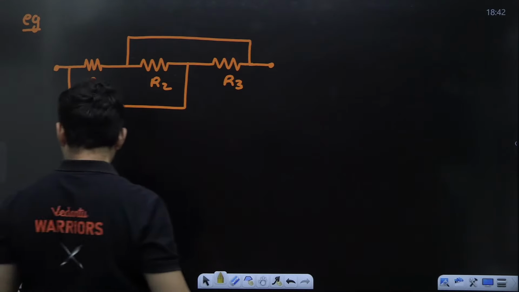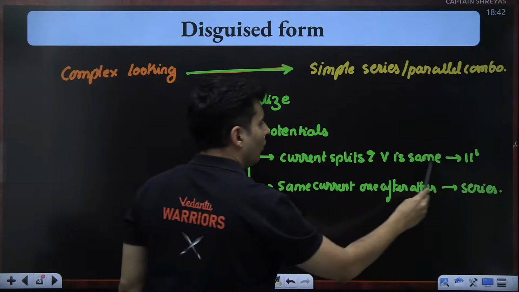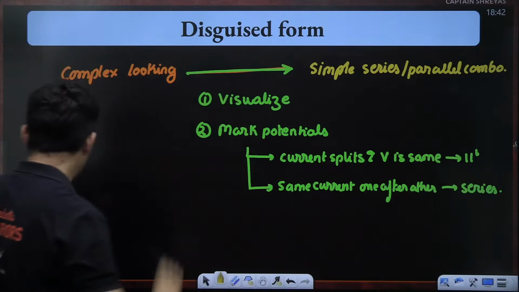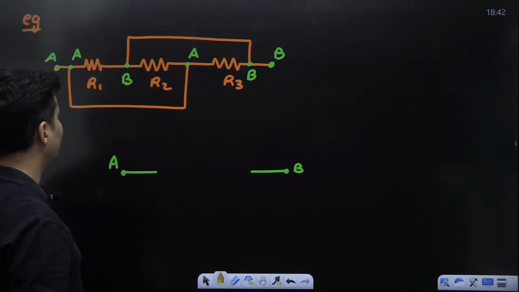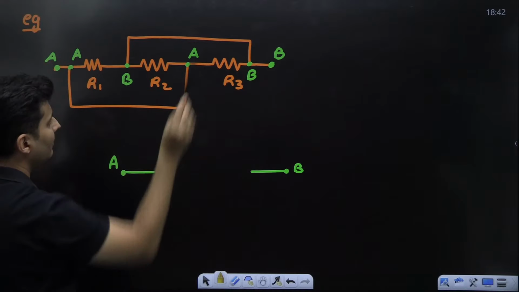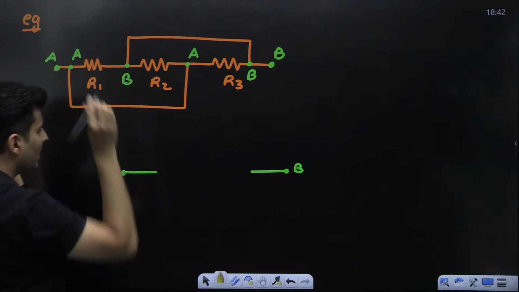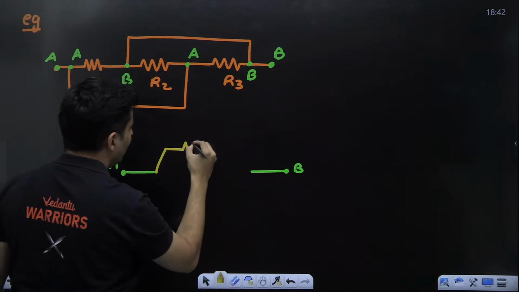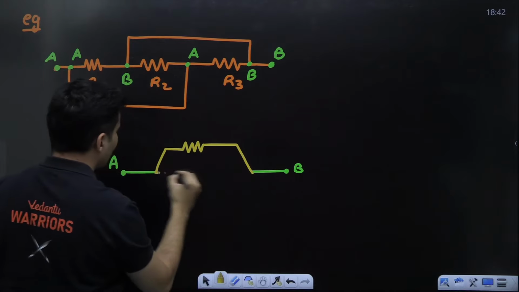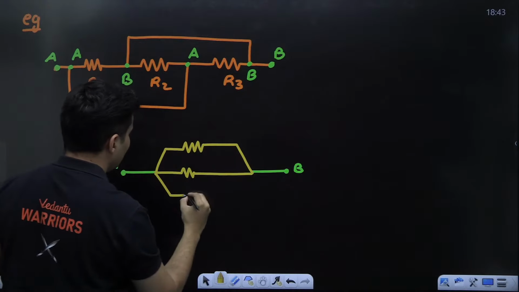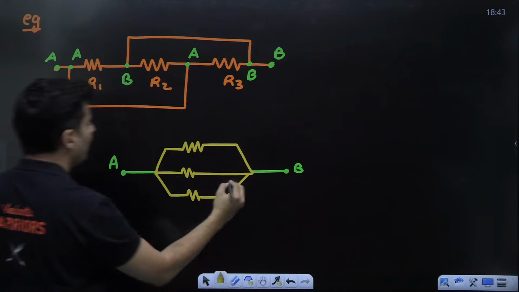What did I say? If the voltages are the same and the current is splitting, which it is in this question, then it must be in parallel. Whether you want to visualize it or not, that's a different story. But it is in parallel because the voltages are VA minus VB.